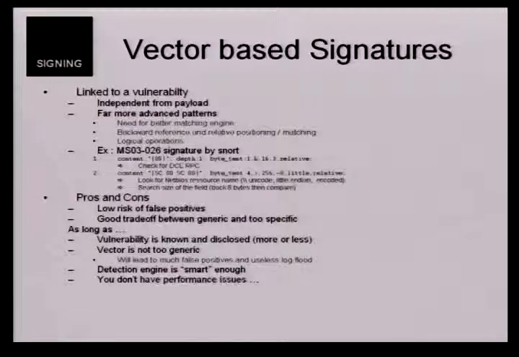Vector-based signatures. Here, the purpose of the game is to sign a vulnerability, sorry. So it's completely independent from the payload, and it needs far more advanced engines to detect it, because it's not just detecting a few NOP sleds; it's usually far more advanced. Let's look at this signature against this DCERPC DCOM exploit that I got from Snort.